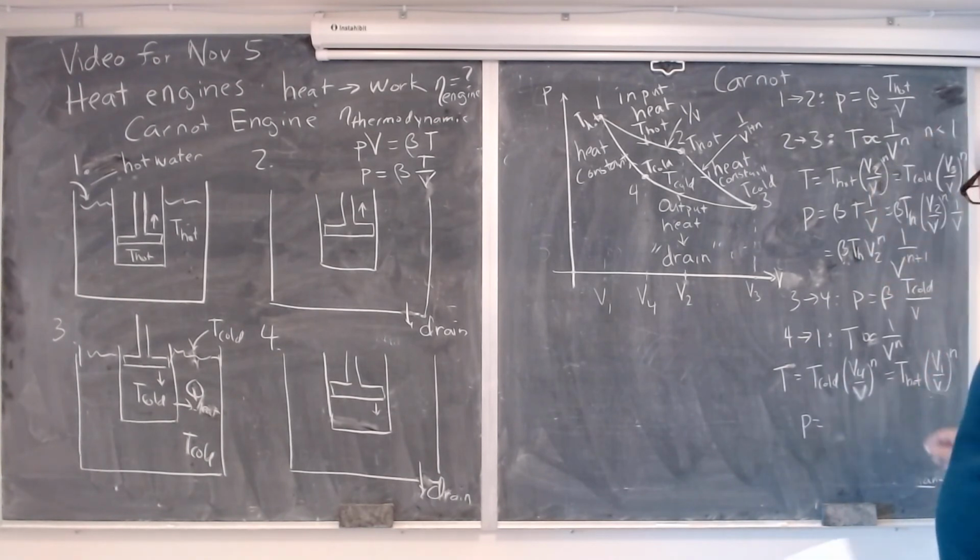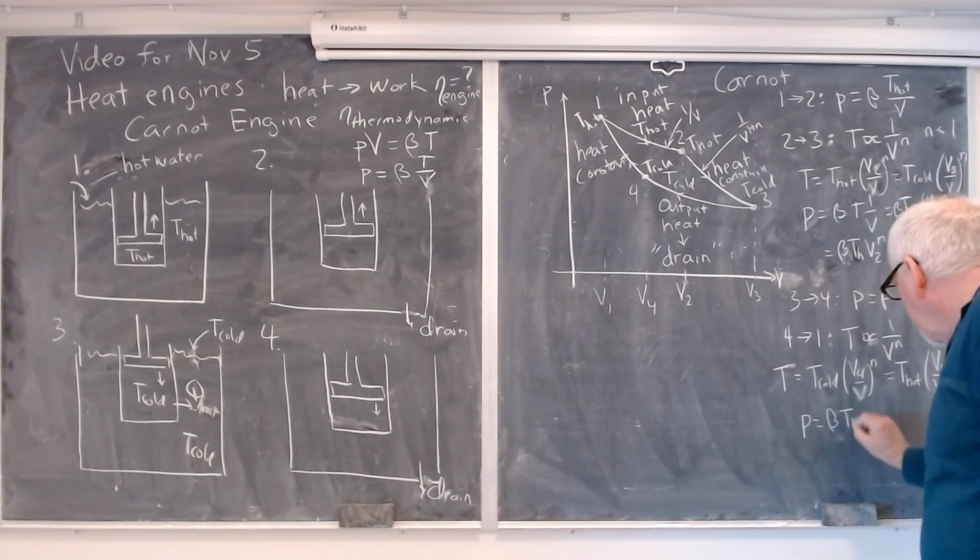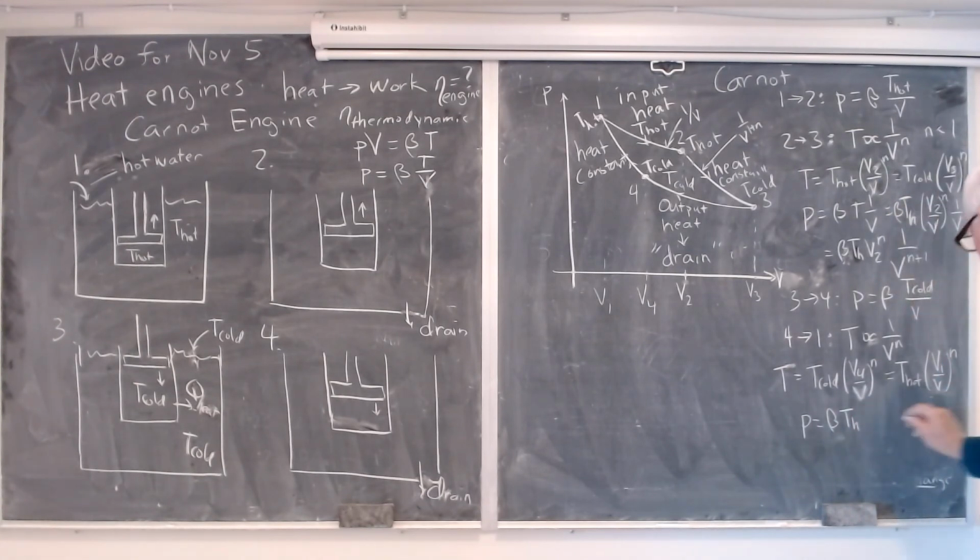Okay, and so the same sort of thing happens here, and I'll just skip one step and write out, and I'll use the T hot one. Beta T hot V1 to the n times 1 over V to the n plus 1.